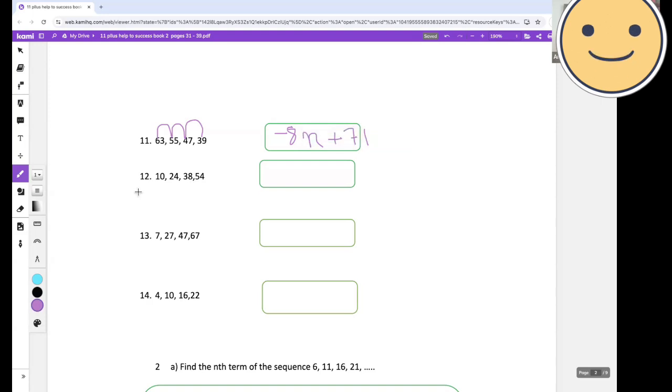Now we are on number 12. Again, you have to look, how would you go from 10 to 24, 24 to 38, and 38 to 54. So let's see.